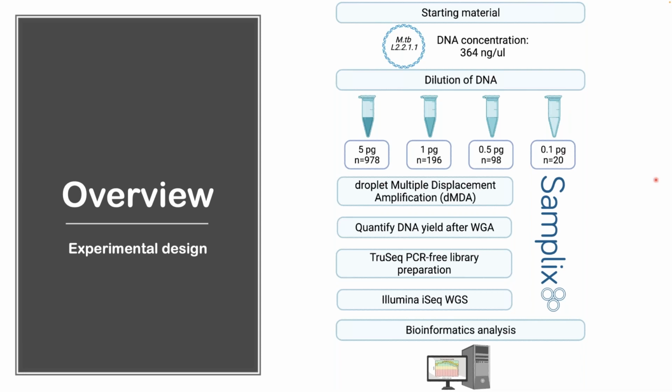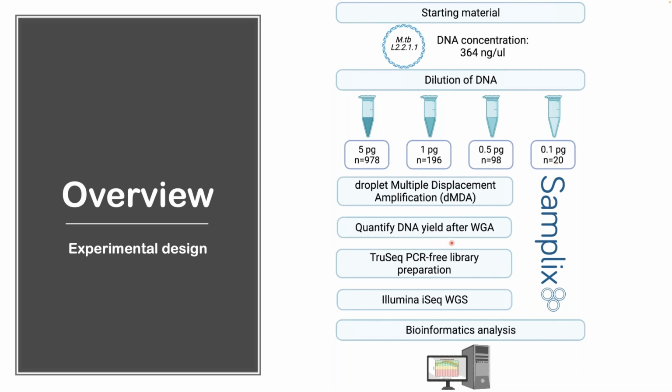The diluted MTB DNA samples were then subjected to the droplet generation, as I've explained in the previous slide, using the Samplix Xdrop system and facilitating the efficient amplification of the encapsulated DNA. Following dMDA, the DNA yield was quantified for each input amount post-droplet WGA or dMDA, enabling the assessment of the amplification efficiency across the different input concentrations.